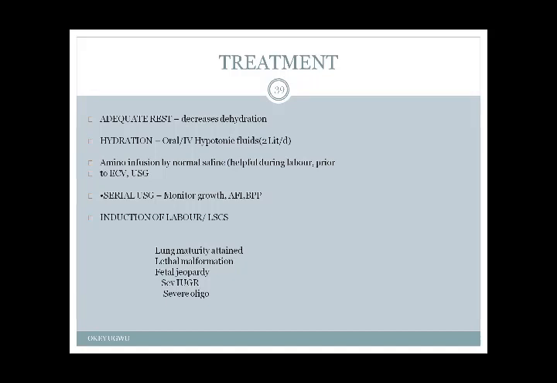Whenever we plan for delivery, in both polyhydramnios and oligohydramnios, we also have to evaluate whether lung maturity has been attained, whether fetal lethal malformation has been ruled out, and whether the family and the patient are taken into confidence. Fetal jeopardy is always assessed. If there is any severe IUGR, we have to keep it in mind and make arrangements accordingly, especially in cases of severe oligohydramnios.